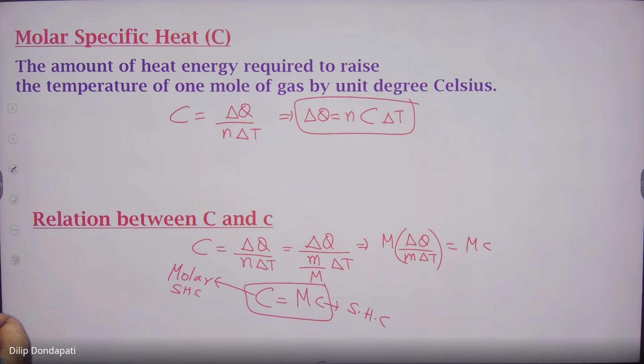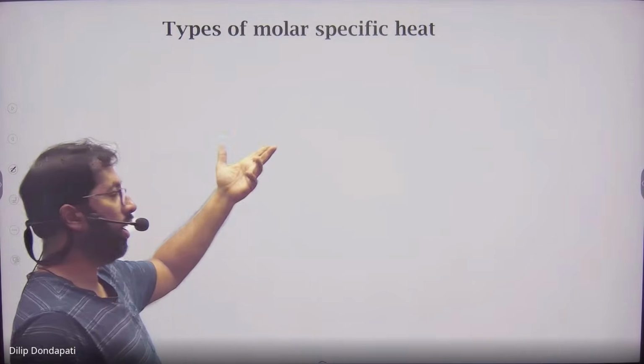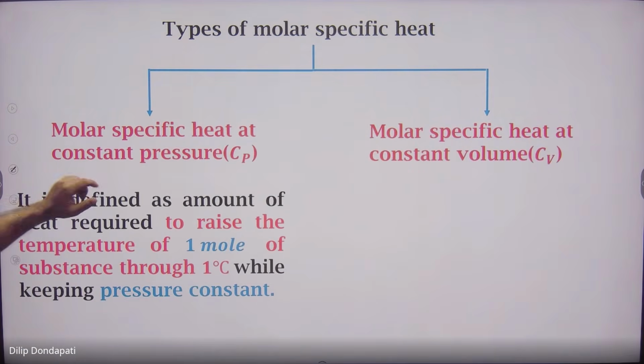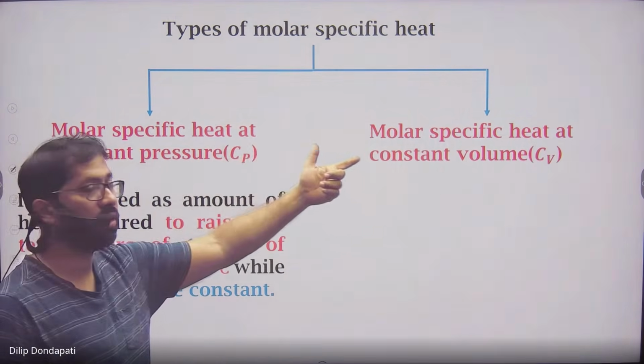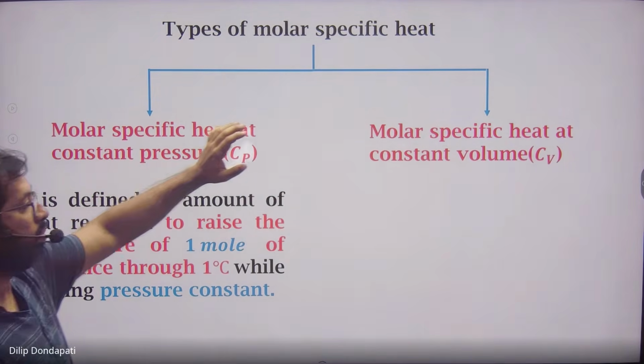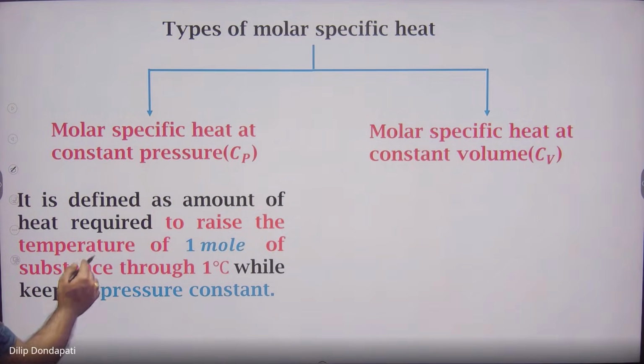Okay. Now we have types of molar specific capacity. Already you know, same definition only, but one at constant pressure and the other at constant volume. Molar specific capacity at constant pressure, molar specific capacity at constant volume. So what will the definition be at constant pressure? That is called CP.